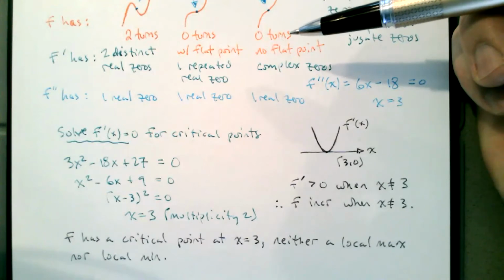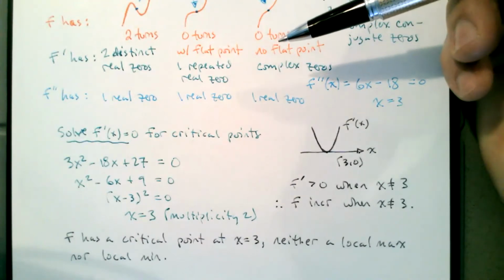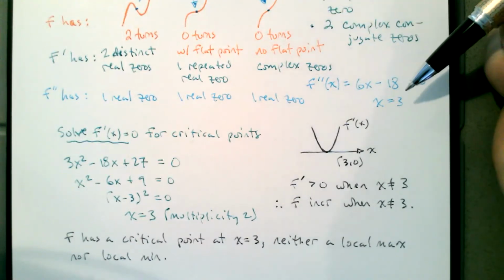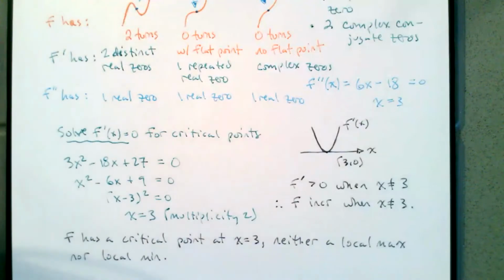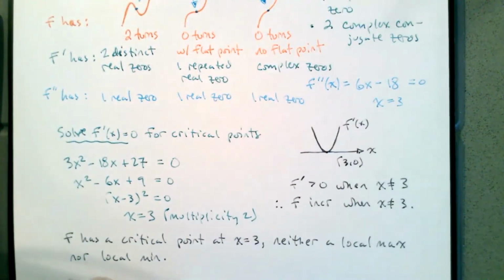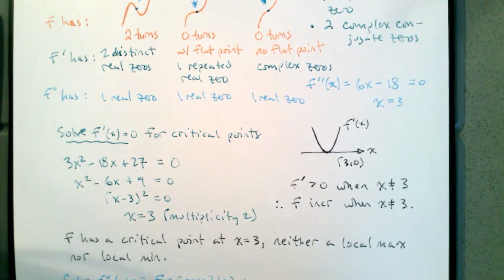We also know there's an inflection point, and we know where that inflection point is going to be, even if we didn't already solve here. But we solve f double prime of x equals 0 for the possible inflection points.